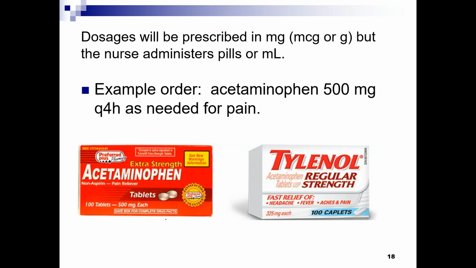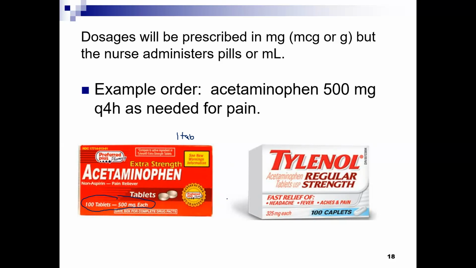So we have an order for acetaminophen, 500 milligrams every 4 hours as needed for pain, and we have 2 different containers containing acetaminophen. I'll notice on this first container that there are 500 milligrams in each tablet. So with this container, I would give the patient 1 tablet, and they would have exactly the 500 milligrams that are ordered.